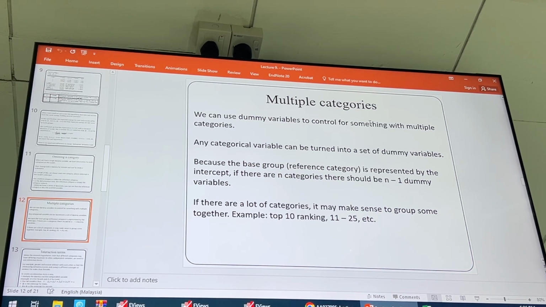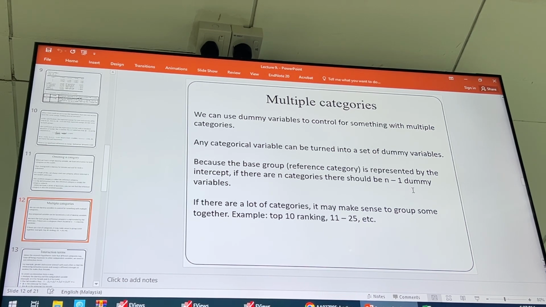The one that we excluded is going to be our reference category. Any categorical variable can be turned into a set of dummy variables, because the base group, the reference category, is represented by the intercept. So the intercept will represent the intercept for the reference category. If there are n categories, there should be n minus 1 dummy variables.